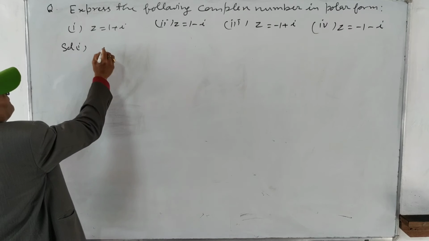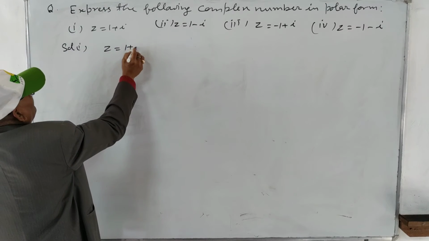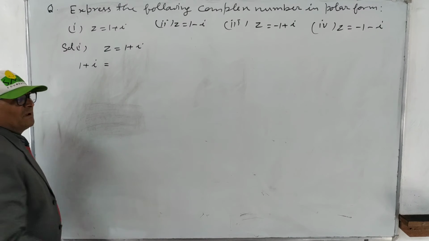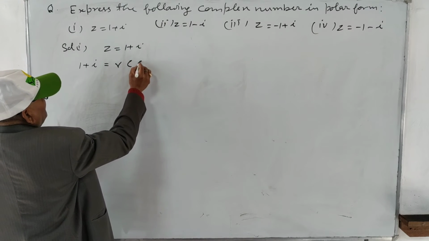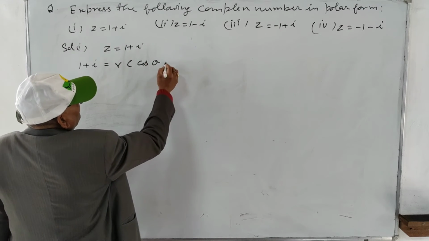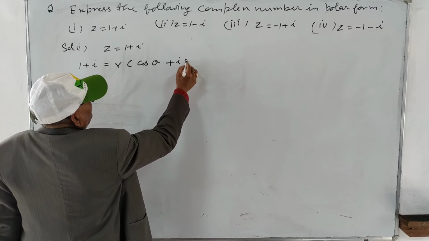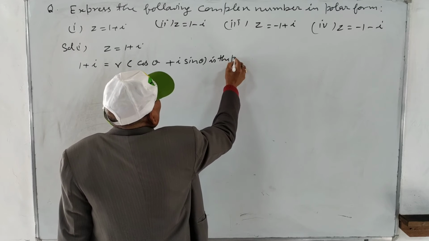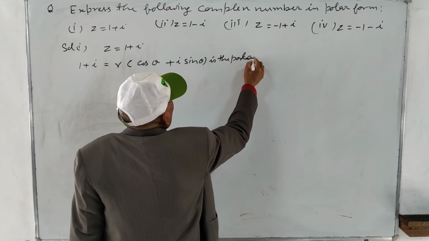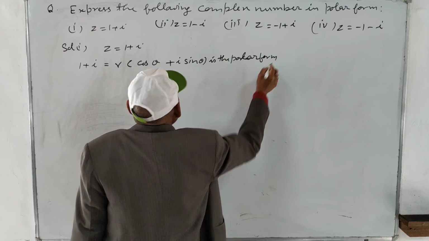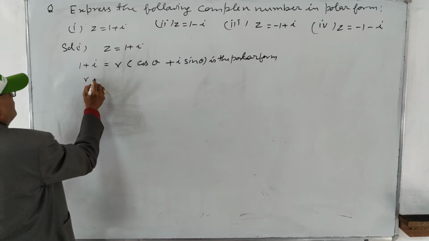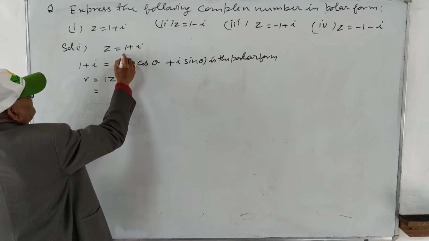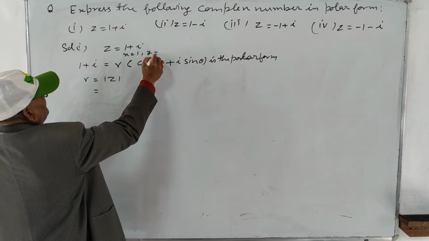First, z equal to 1 plus i. As you know, 1 plus i can be written as r(cos theta plus i sin theta), which is the polar form. R equal to mod z, that is, your x is 1, y is 1.